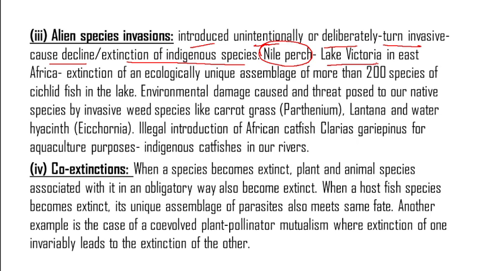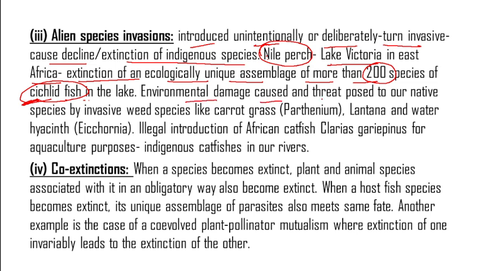It was introduced in Lake Victoria in East Africa. It caused the extinction of an ecologically unique assemblage of more than 200 species of cichlid fish in the lake. Because of the Nile perch, 200 species of cichlid fish in the lake have become extinct.